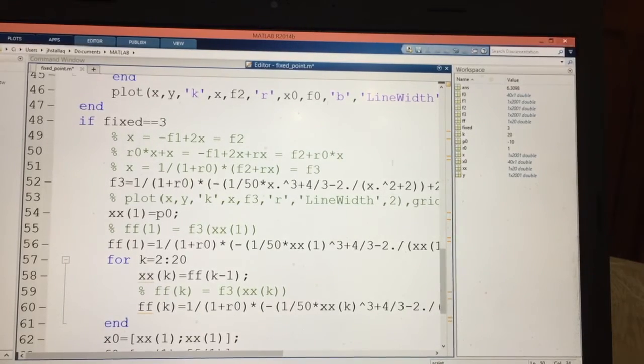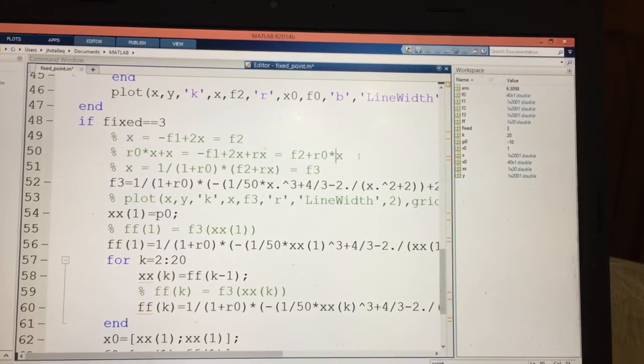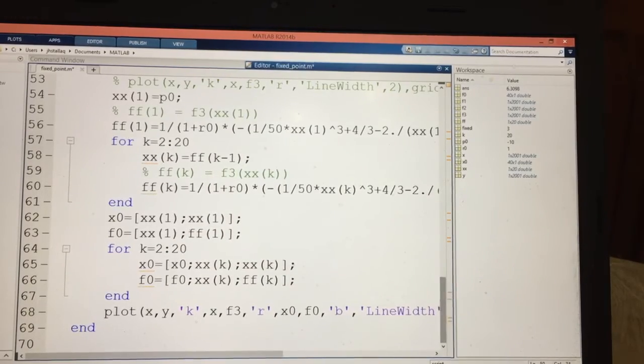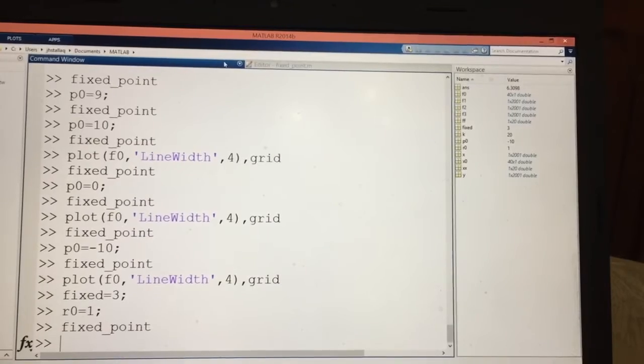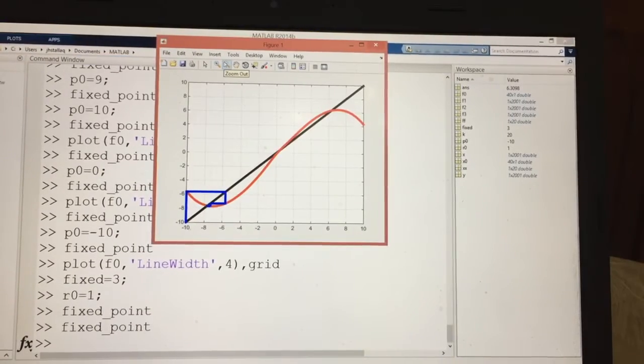You can correct that in your notes. Then we take x as a common factor, so it will be 1 plus R naught. We divide both sides by 1 plus R naught, so we obtain f3. That's what we did. R naught, we made it 1. If you are not successful, then you make it probably 2, 3, and so on, until you achieve a suitable function.